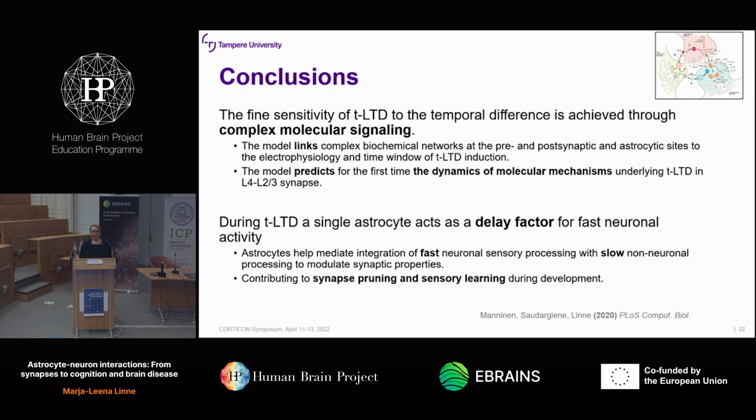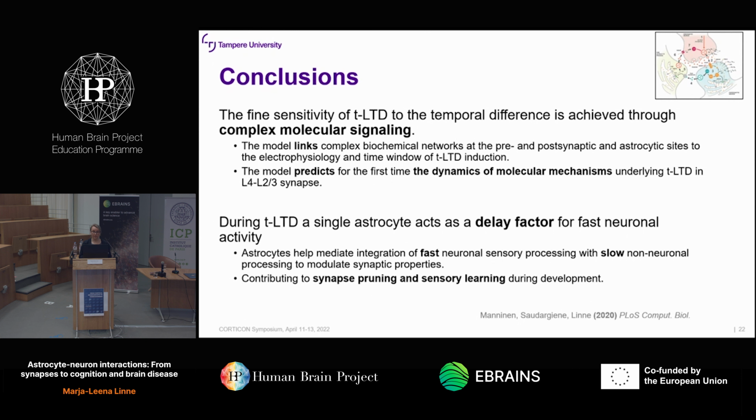I conclude that the fine sensitivity of TLTD to the temporal difference is achieved through complex molecular signaling. And our model now links this complex signaling at the pre- and post-synaptic and astrocytic sites to the electrophysiology and time window of TLTD induction. And the model predicts for the first time the dynamics of molecular mechanisms underlying TLTD in this specific layer 4 to layer 2/3 synapse.